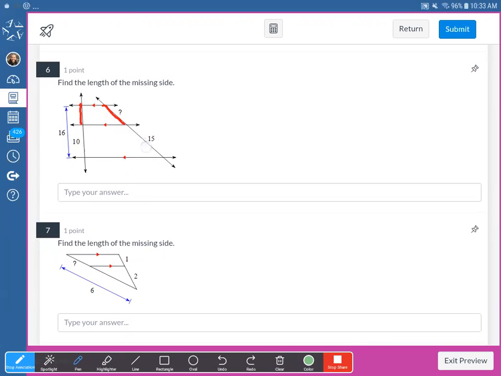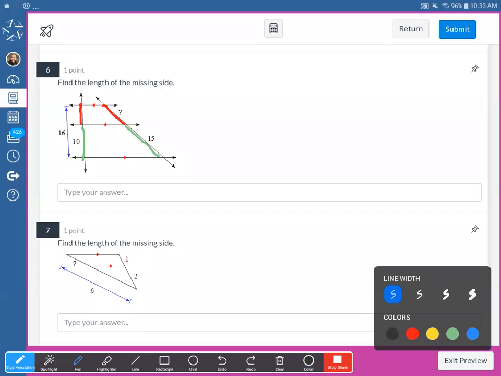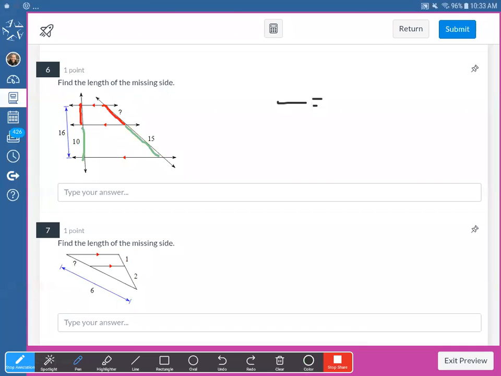So you need this, and this. So set up your proportion.